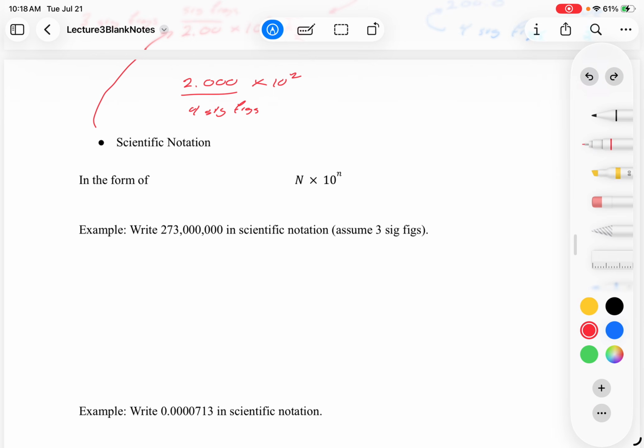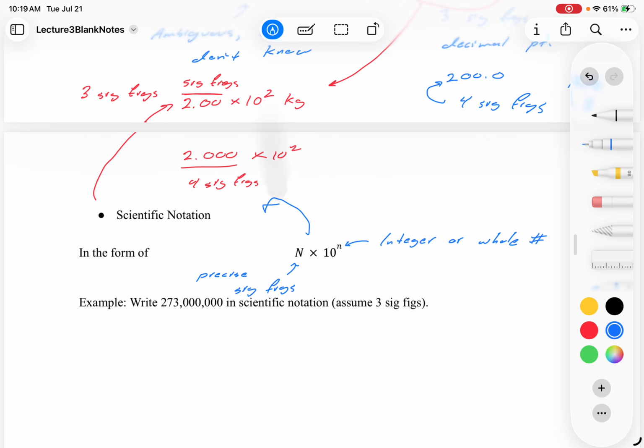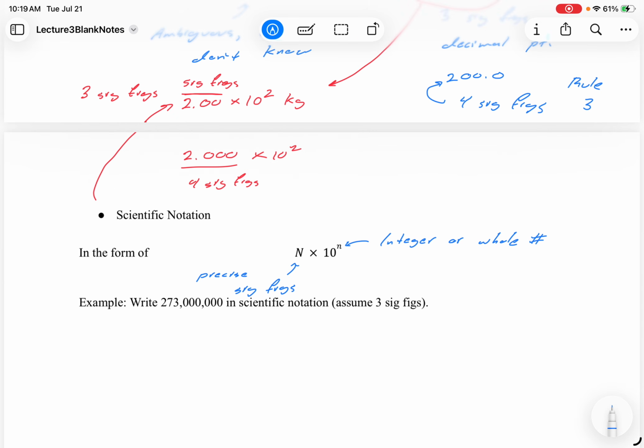This here is going to be your integer, or whole number, and this is going to have your precise sig figs, like we went over in those examples.